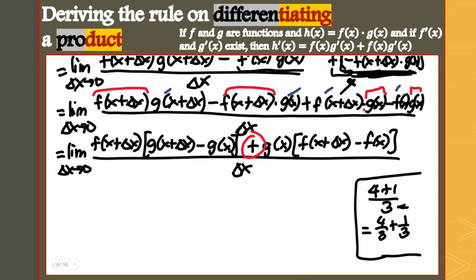Same denominator, but the addends are separated into different fractions. Same here, since we have plus there, we can separate them into two fractions leading into this form.